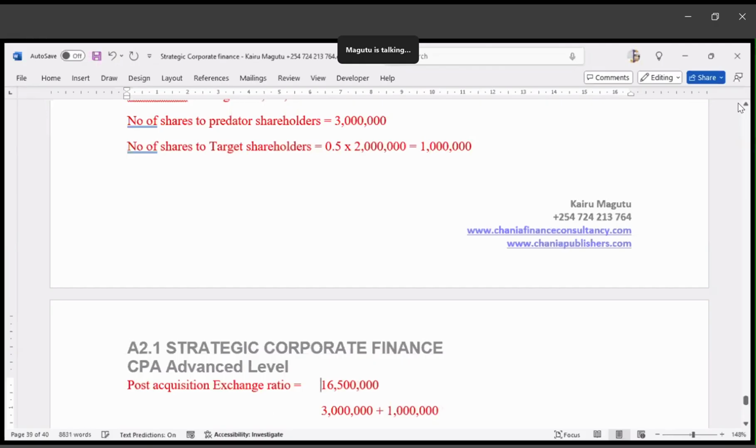So can someone give me this, please? Let me have this post-acquisition, oh, not post-acquisition exchange ratio. Where did I get this? Post-acquisition earnings per share.